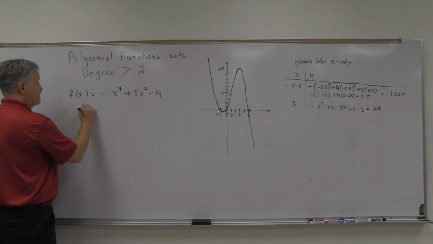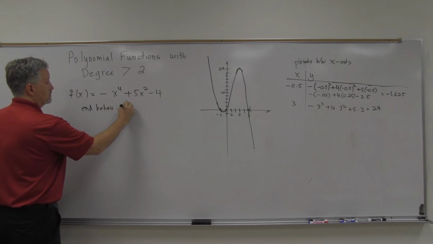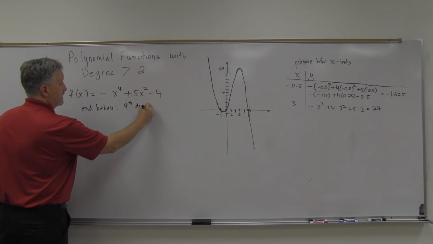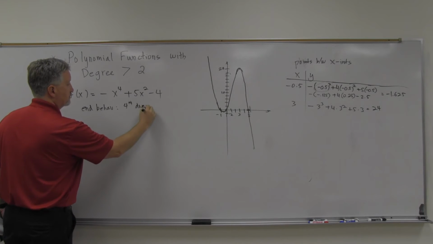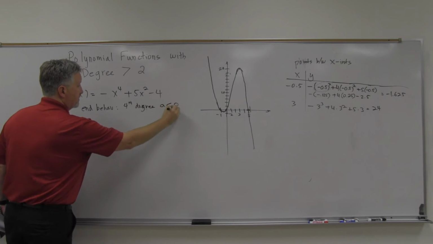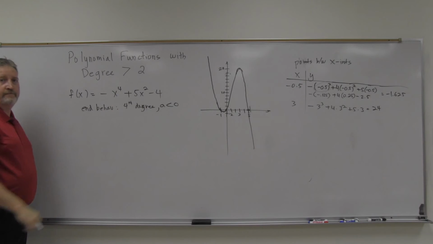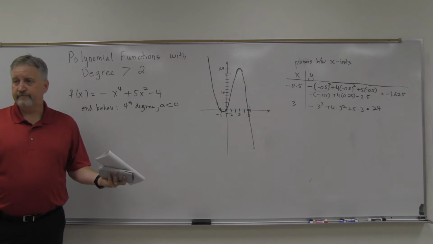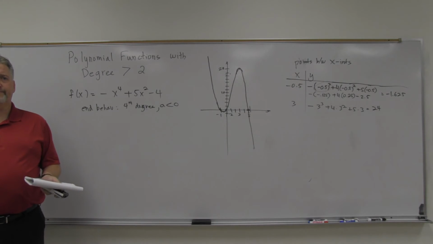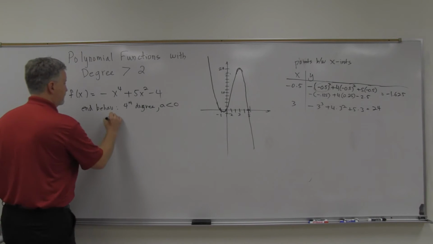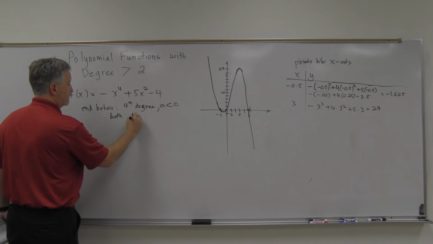Behavior-wise, this is a 4th degree, and a is less than 0. A is negative 1. So that tells me 4th degree, both ends up or both down. A is negative, so both ends down.